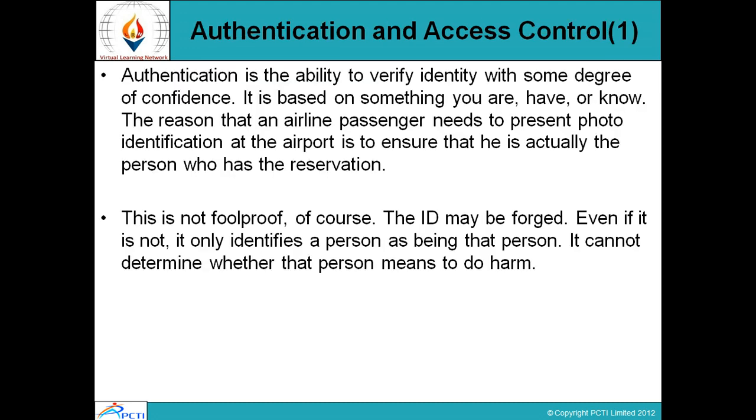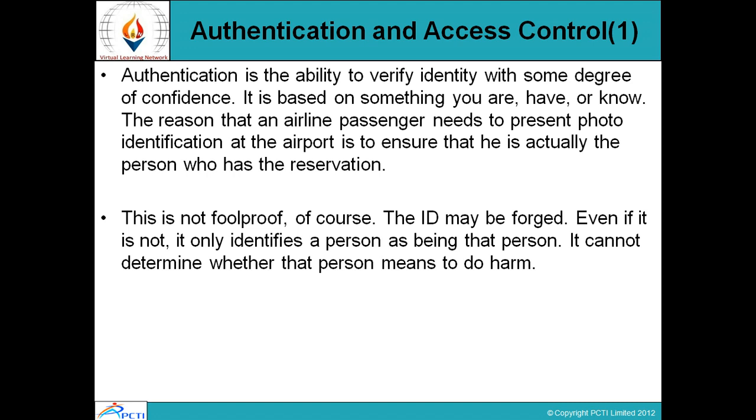Next, about authentication and access control: it is able to verify and identify with some degree of confidence. It is based on something you have or know. Computer authentication provides a method of ensuring that the person requesting access to the resource is entitled to it within some degree of confidence.